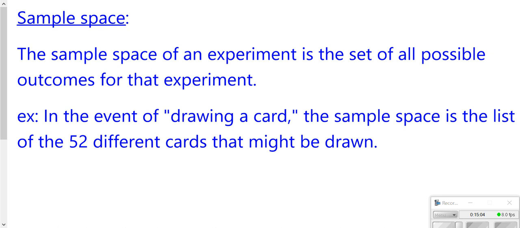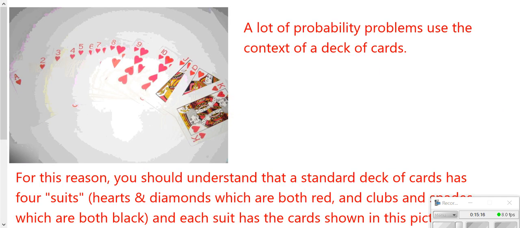So if we were looking at a deck of cards, 52 would be the bottom number in my fraction, because that's how many cards are in a deck. Now, a lot of problems do use the idea of a deck of cards, so you really should have some awareness of it, and this is a great time to learn to play some card games if you don't have that experience.